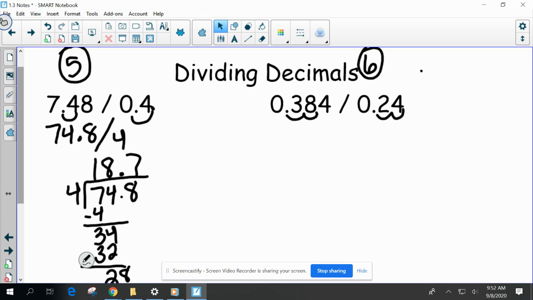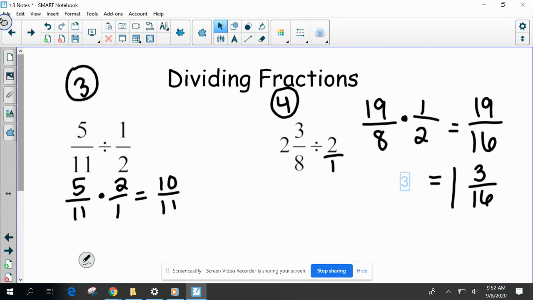So then I'm going to have 38.4 divided by 24. So I'll set up long division, and 24 goes on the outside, 38.4 goes on the inside.